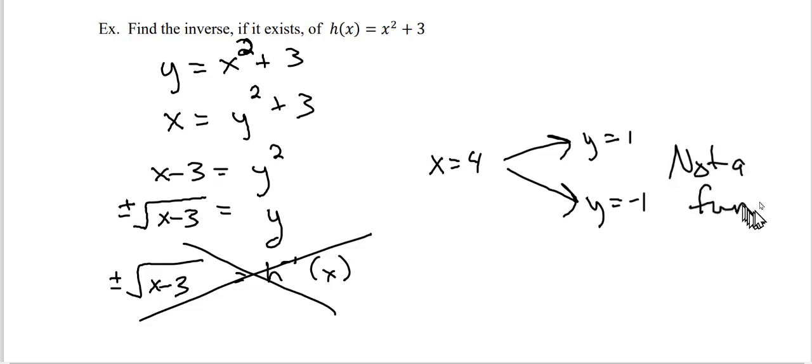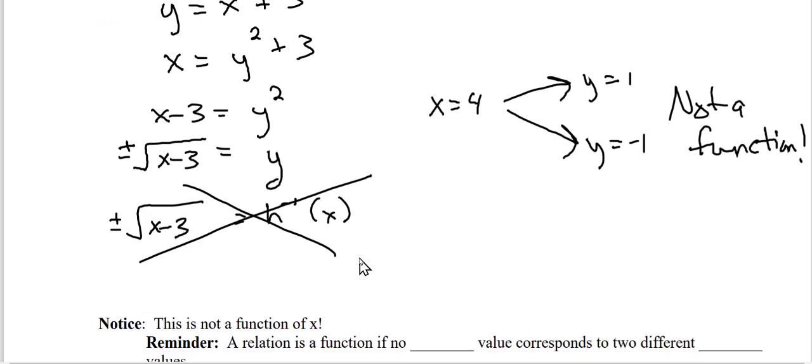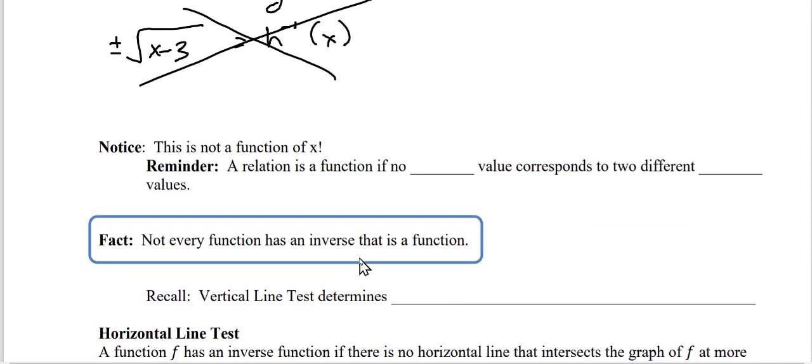Not a function. So we definitely can't use that inverse function notation. Now you can talk about an inverse relationship. One thing that is sometimes done is there's a restriction put on the domain of this, and we'll talk about that in a second.